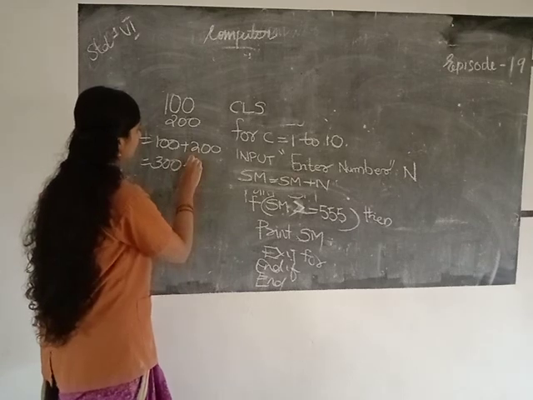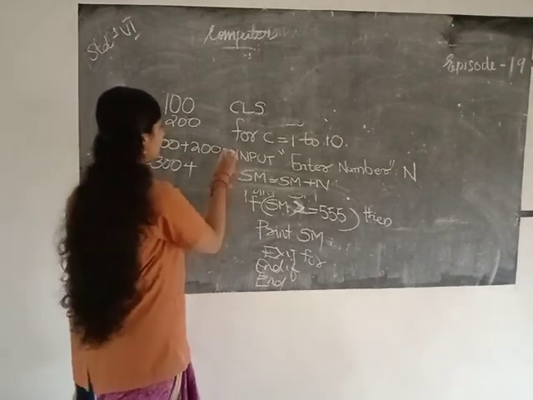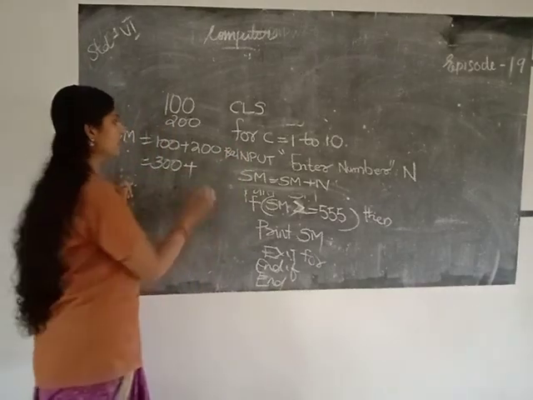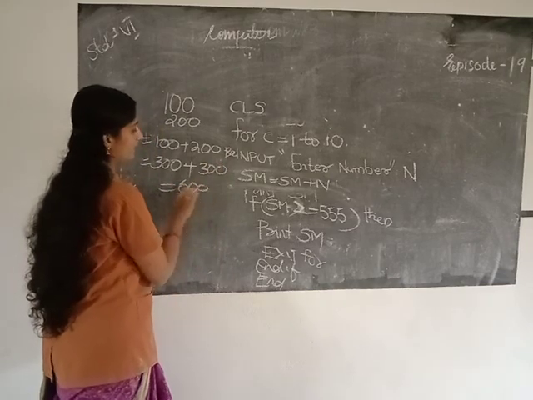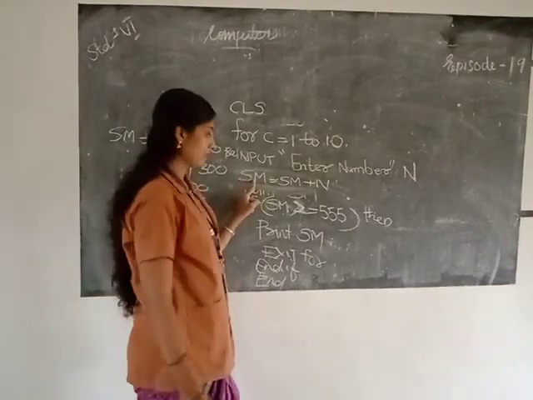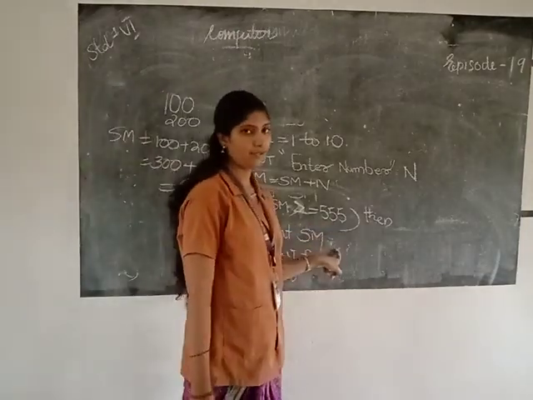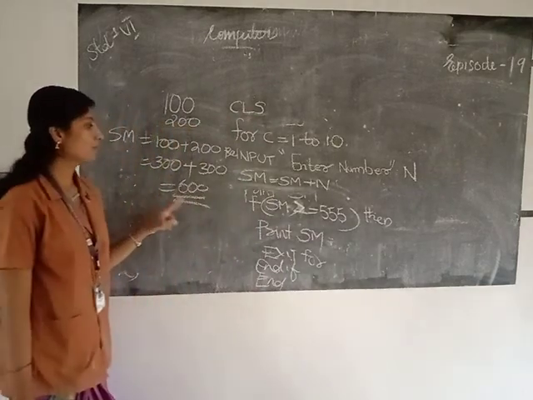Then enter another number, that means 300. So now the last value is 300. 300 plus 300 is equal to 600. Now the sum value is 600. Then check the condition. If sum greater than or equal to 555, now the sum value is 600.